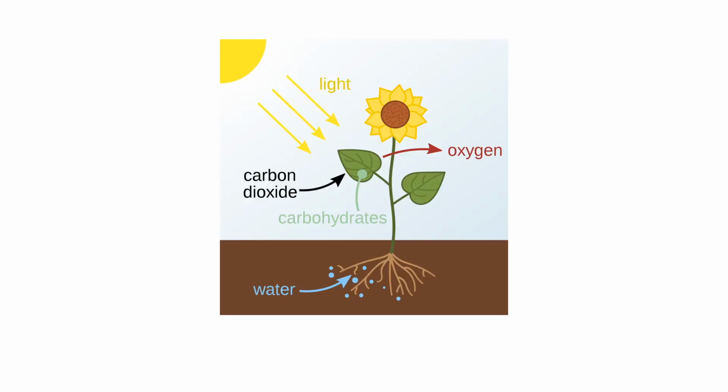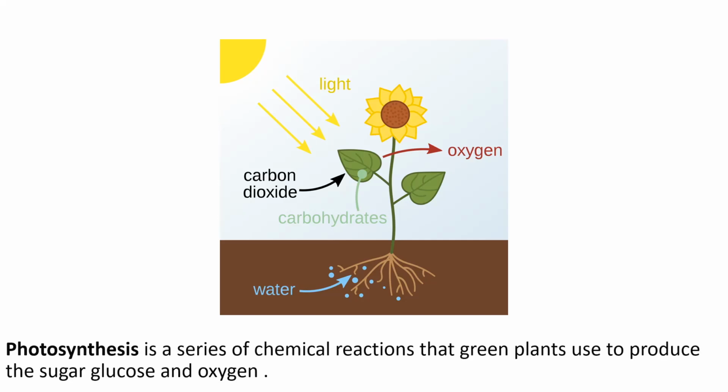So photosynthesis. Let's have a little bit of a look at it and see what are the components that help to make a successful photosynthesis reaction. So just in general first, photosynthesis is a series of chemical reactions that green plants use to produce the sugar, glucose, and oxygen.